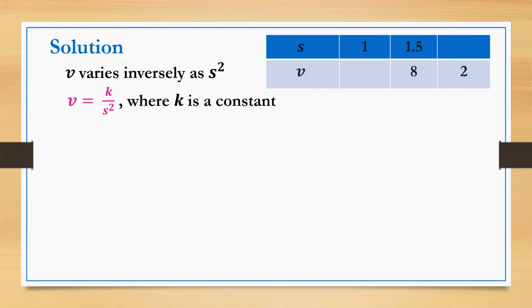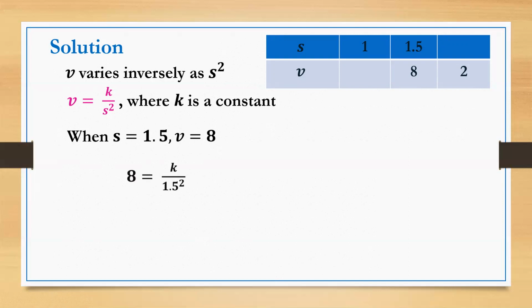This can be written as v equal to k over s squared, where k is a constant. Now, we were given this table, and here in this column, we were given both the value of s and the value of v, which is what we will be using. So when s equal to 1.5, v equal to 8.